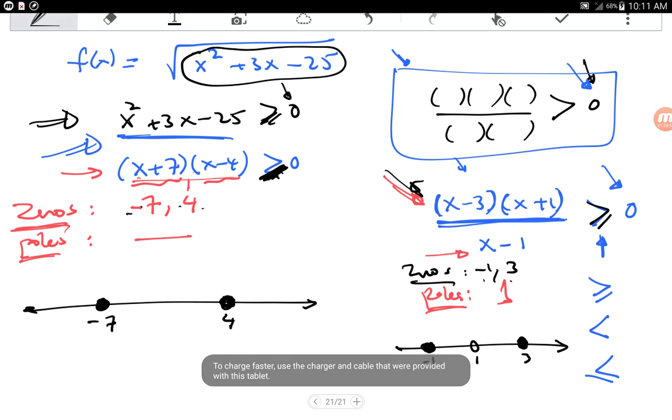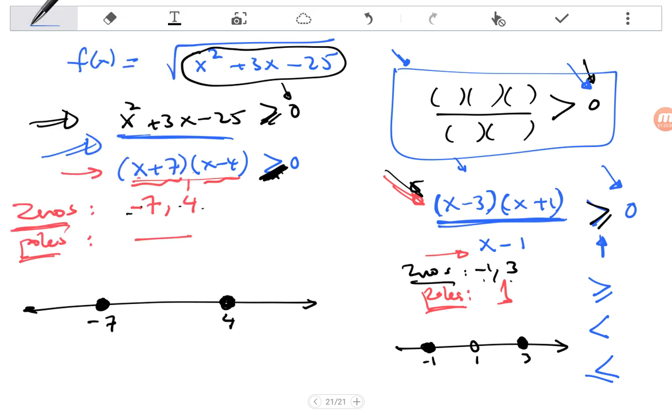The next step is to determine the sign of the in-between values. How would I do that? We will just take a random, easy number in between these values.